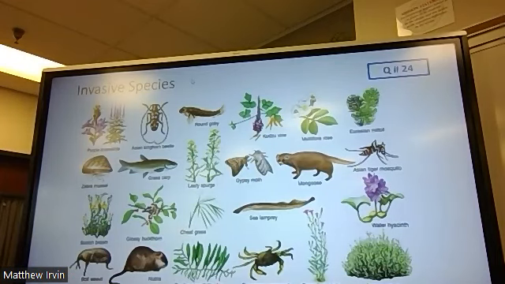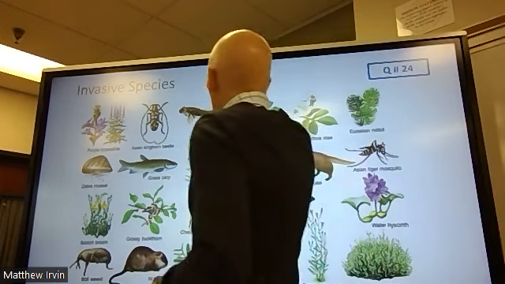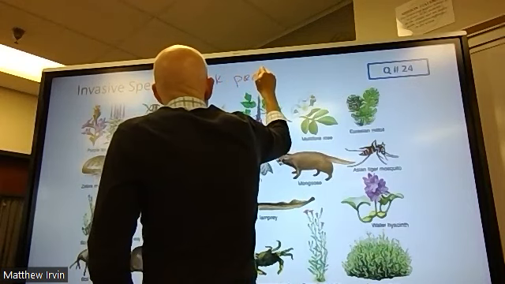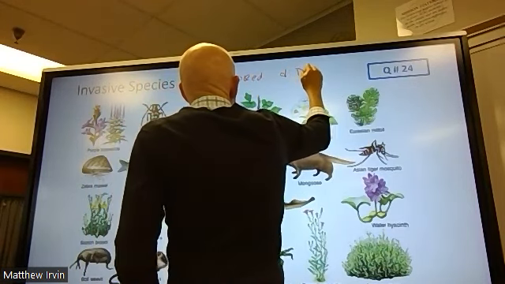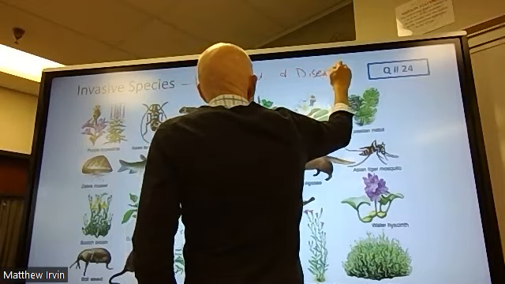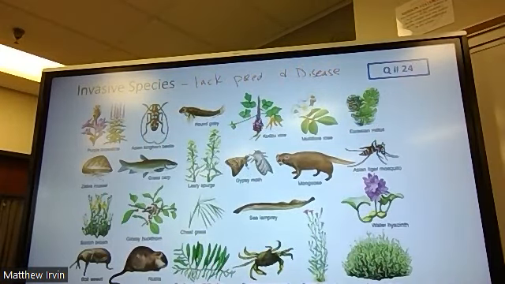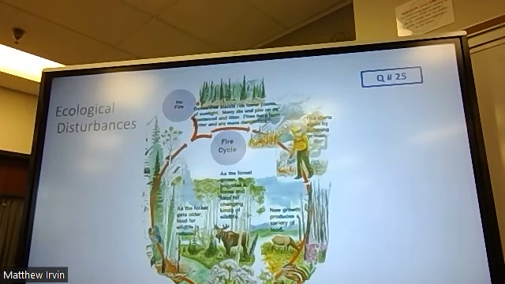Invasive species, bad, decreased biodiversity because they lack predators and natural disease-causing organisms. So they can just grow very, very fast. And then they tend to outcompete the local population, decreasing biodiversity.